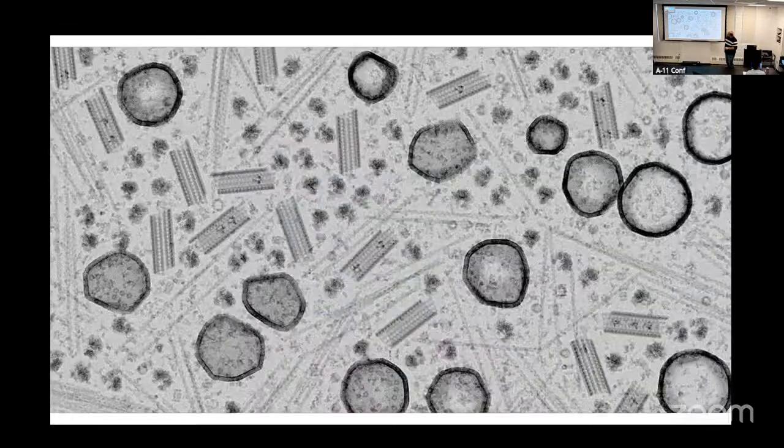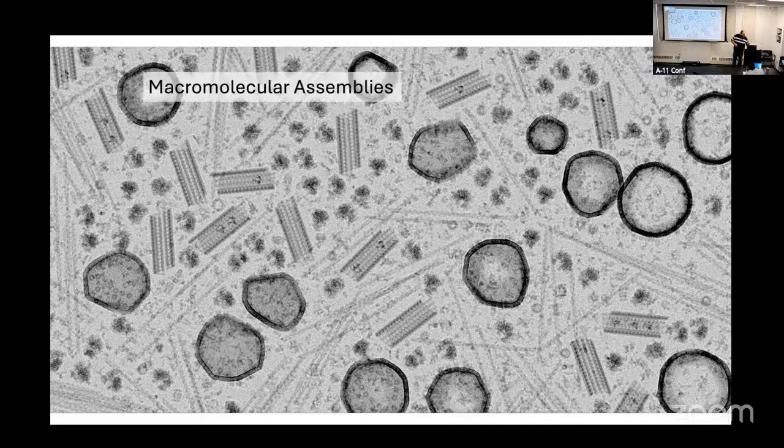This is a projection through one of the models that CTS generated. I just like to show it because it shows off the things that it does. Macromolecular assemblies are basically anything you can imagine.